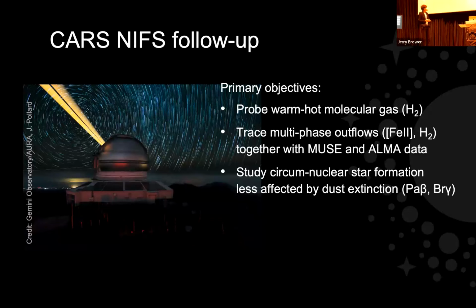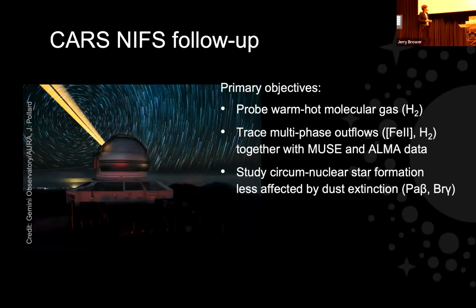And then to combine this with other gas tracers, for example, we were also interested in the iron 2 emission, which can be a tracer of fast shocks. And to combine this also with the larger multi-wavelength data we have available through CARS, especially the MUSE and ALMA data and also VLA, to look for outflows in the multi-phase data.